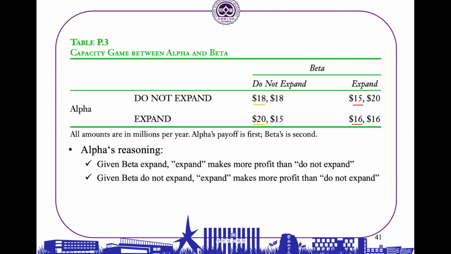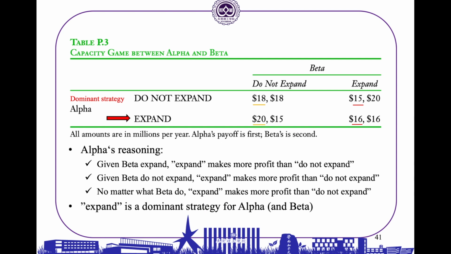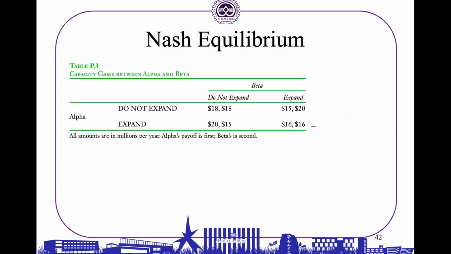As a result, no matter whether Beta expands or not, expanding is a better strategy than not expanding for Alpha. A strategy that is better than all other strategies is called a dominant strategy. Similarly, Beta will reach the same conclusion that expanding is a dominant strategy. So, the combination of strategies, both expand, is the result of this game. As you can check later, this is the only outcome of this game.